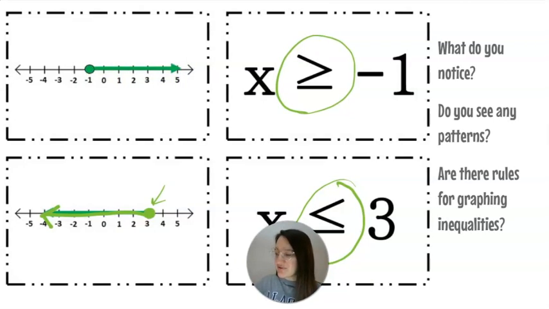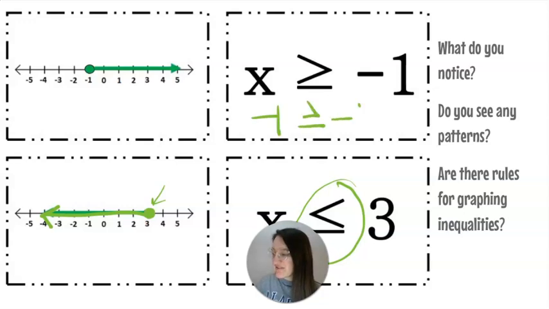Is it true in this example right here that -1 is greater than or equal to -1? Yeah, that's true, right? So when we graph these, we are writing all of the solutions, and -1 is a solution. Is it true that 0 is greater than -1?